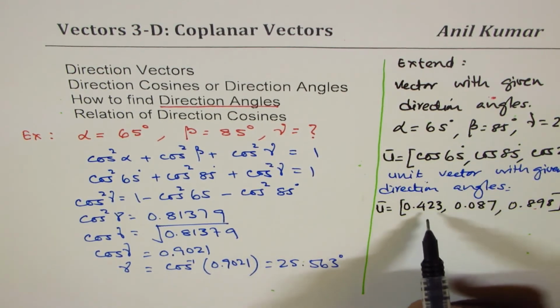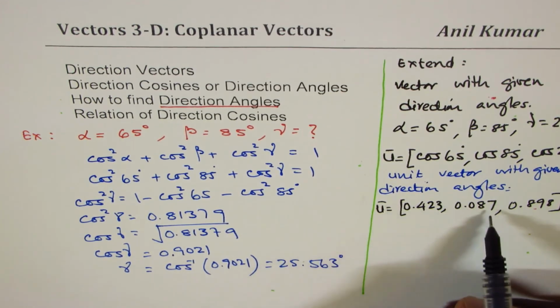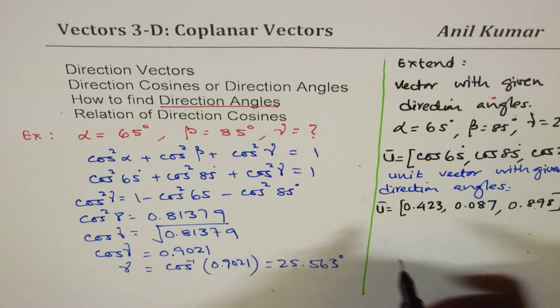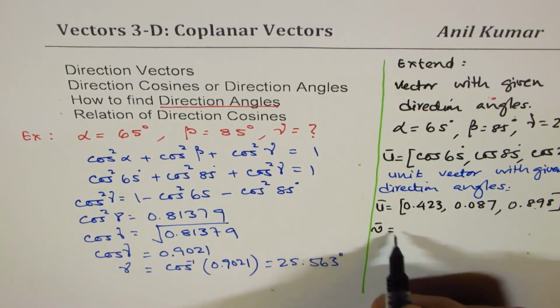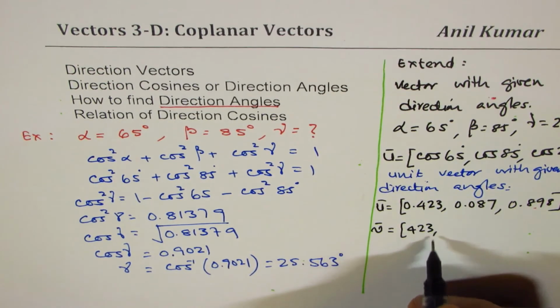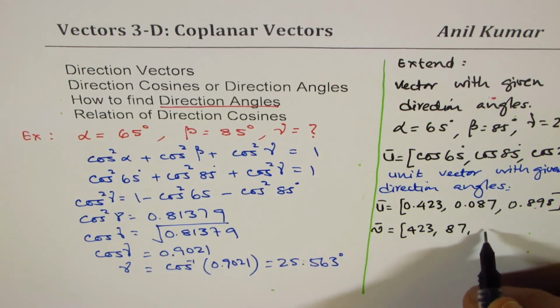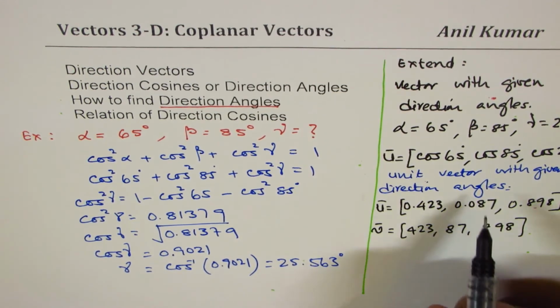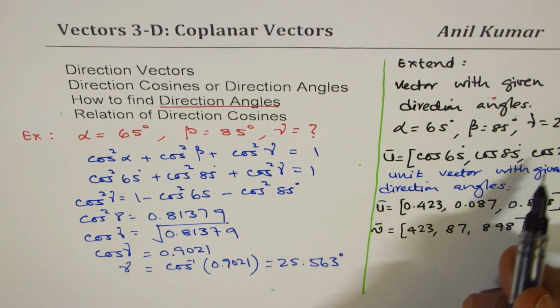Perfect. You could actually multiply this vector by 100 or 1000 and write other values. So you could say the vector v could be, let's say, 1000 times this: 423, 87, 898, which will also be a vector with the same angles, enlarged.